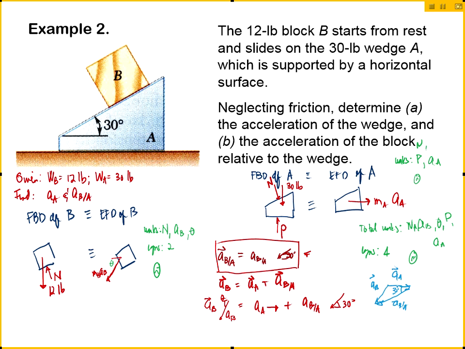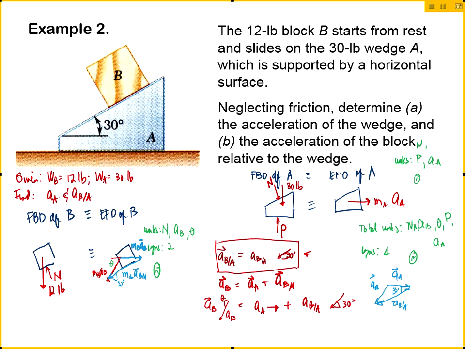So what I'm going to do is multiply this triangle by the mass of B and represent that triangle in the free body diagram of B. So instead of representing m_B times A sub B, I'm going to replace that with a sum of two vectors. A horizontal, mass of B times acceleration of A, and another unknown vector, mass of B times acceleration of B relative to A, unknown in magnitude, but in direction, it's 30 degrees.